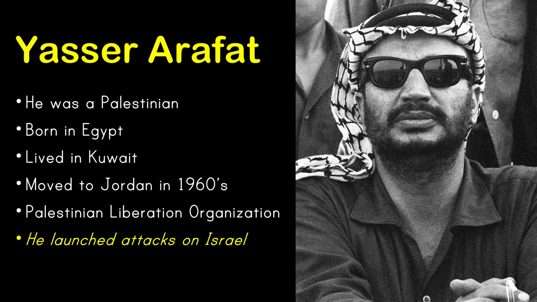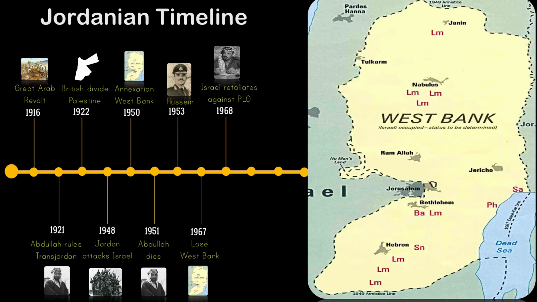The Israelis launch back at the Battle of Karameh, and the Jordanians actually won the battle. In fact, this is the first Israeli defeat against an Arab army, when the Jordanians fight back.